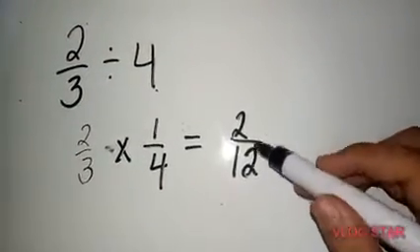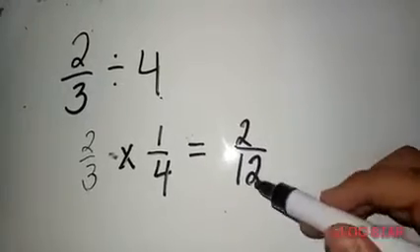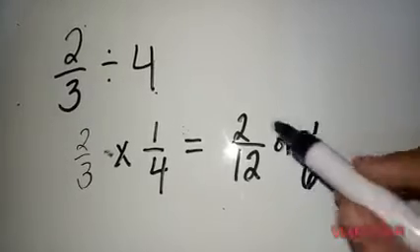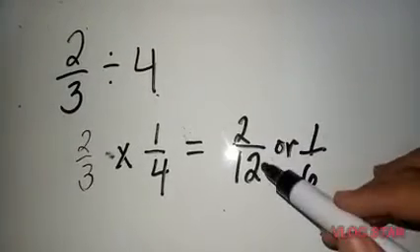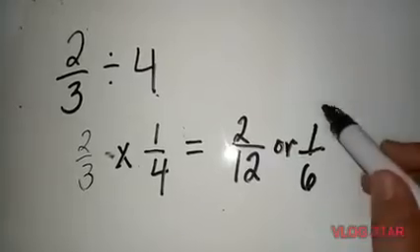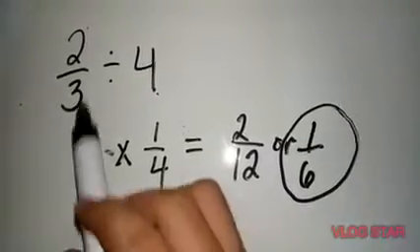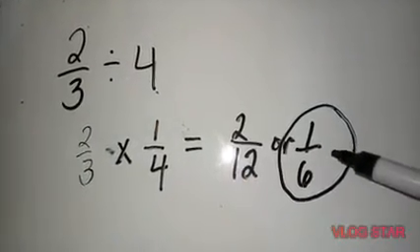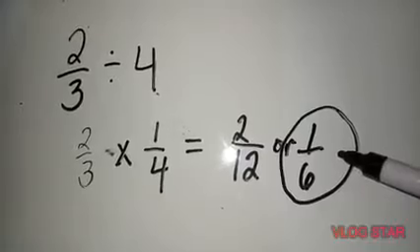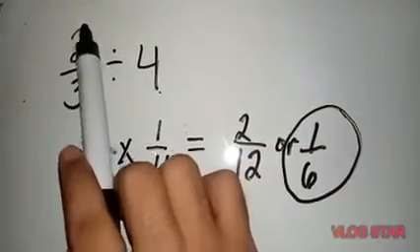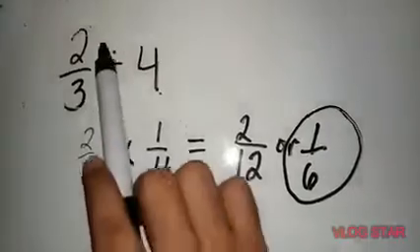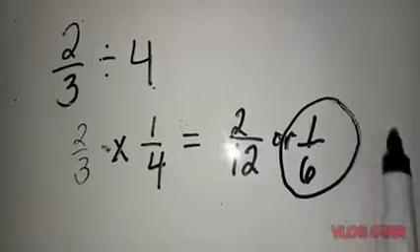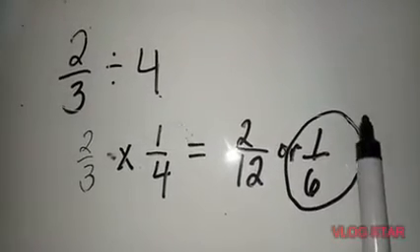And we can simplify this fraction into 1/6. 2 divided by 2 is 1. 12 divided by 2 is 6. So the quotient of 2/3 divided by 4 is 1/6. So I will repeat, considering this one is the whole and this is the number of parts, and our answer is 1 part.